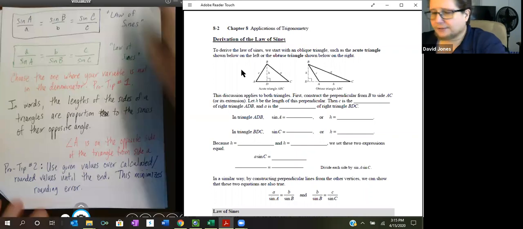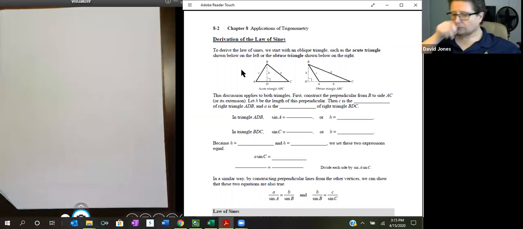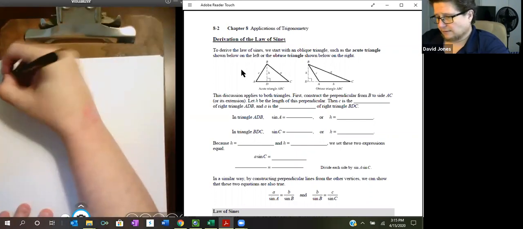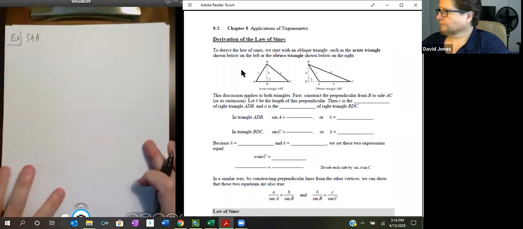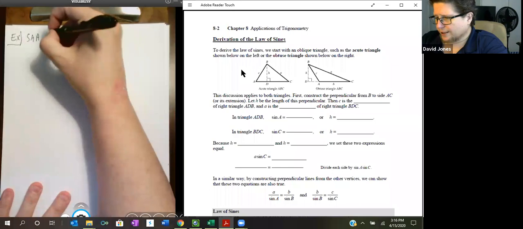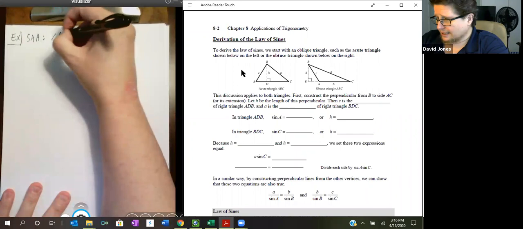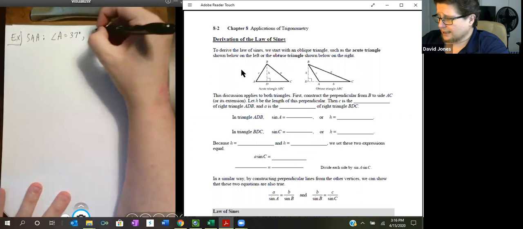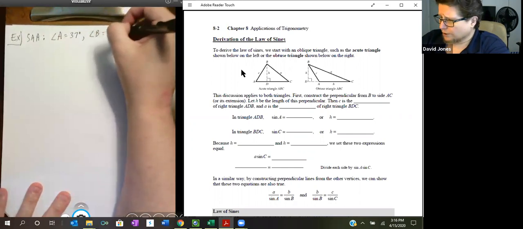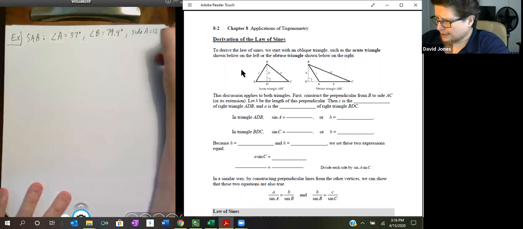Let's look at some examples. So we'll do a side angle side. So what do we know? Angle A is 37 degrees. We're going to say angle B is 79.4 degrees. And side a is 12.6 centimeters.